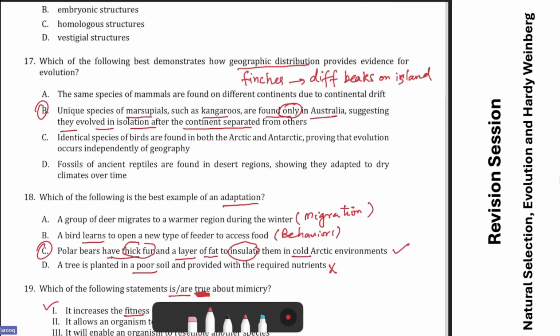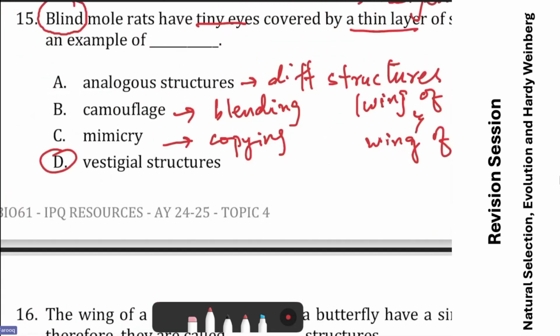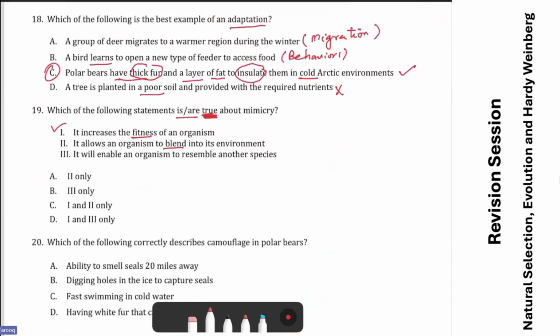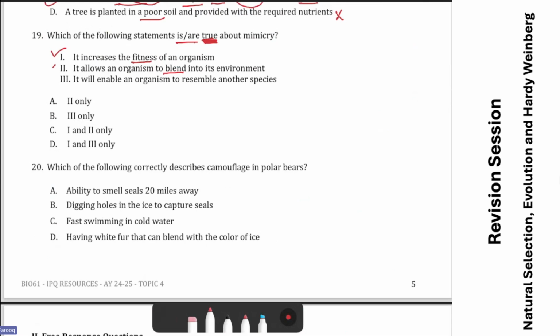What did we say for blending? We said blending is camouflage, not copying. So this is not the answer. This is camouflage. And then we have number 3, it will enable an organism to resemble. Yes, this is what we said, copying. That's correct. So 1 and 3 only.